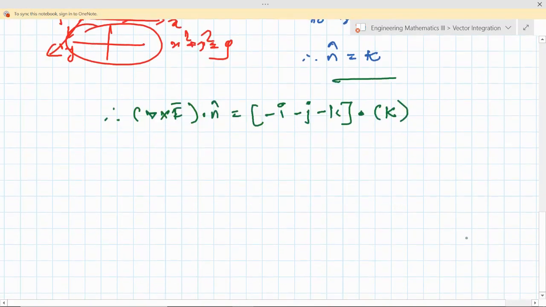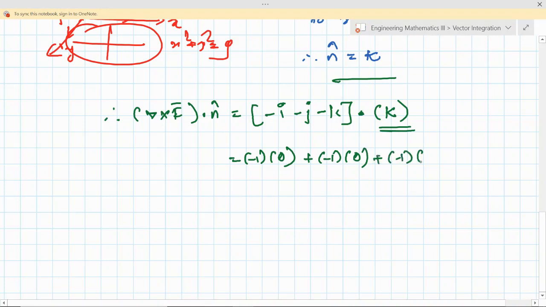The dot product of two vectors is a1 b1 plus a2 b2 plus a3 b3. Here a1 is minus 1, b1 is 0 because i is not here in n cap. a2 is minus 1, b2 is 0, a3 is minus 1 and b3 is 1. So this is minus 1 into 0 plus minus 1 into 0 plus minus 1 into 1.